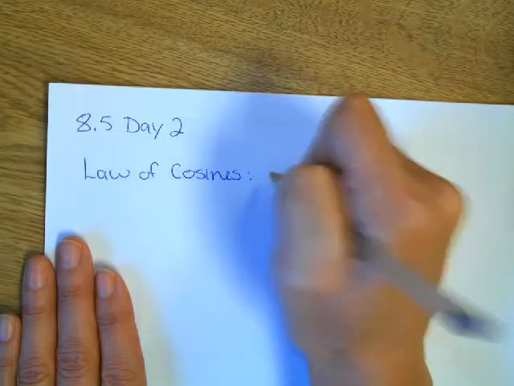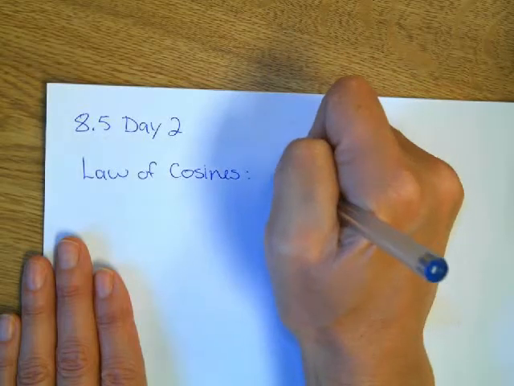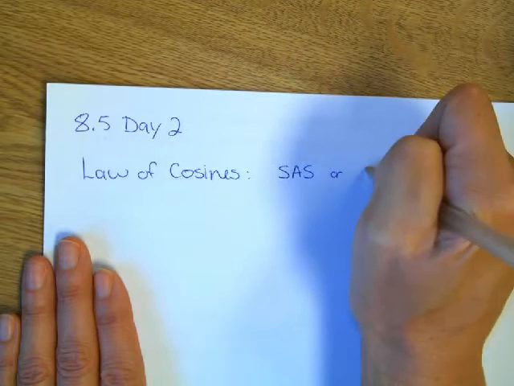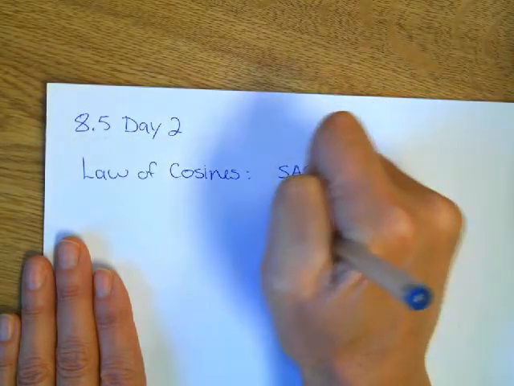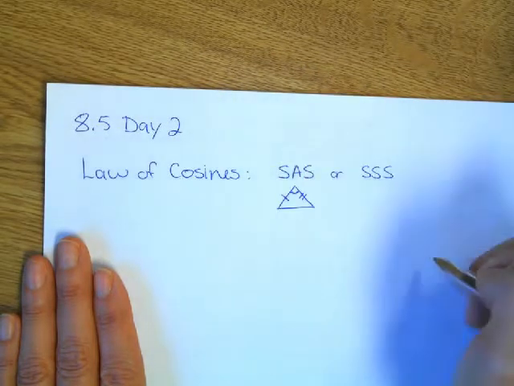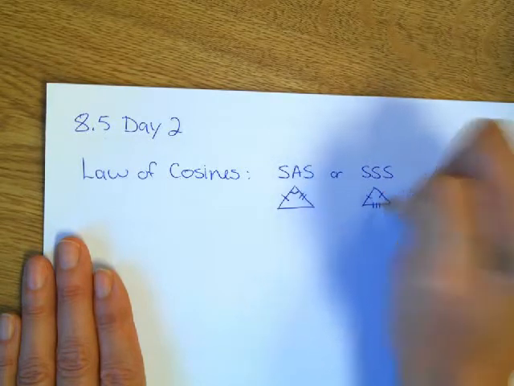For law of cosines, you still need to know three parts, and these three parts are in the SAS position or side, side, side. SAS, remember, is two sides known and then the angle that connects them. And obviously side, side, side is knowing all three sides.